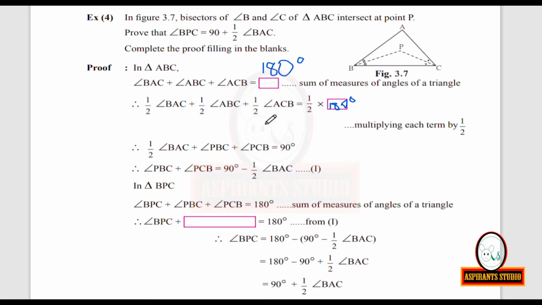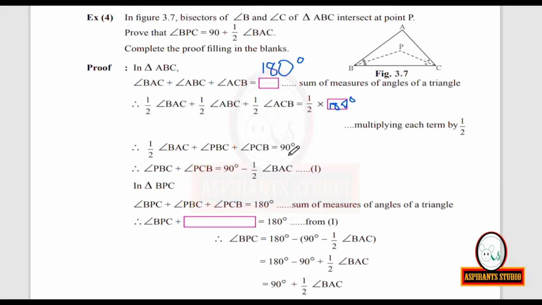Similarly, instead of half of angle ACB, we can write angle PCB. Now, half of angle BAC plus measure of angle PBC plus measure of angle PCB is equal to 90 degrees.